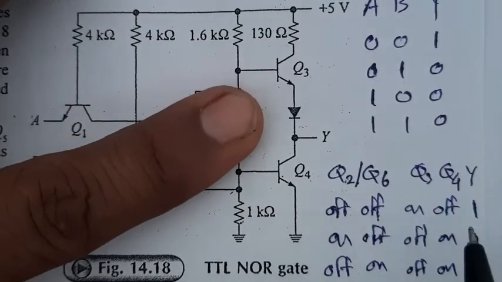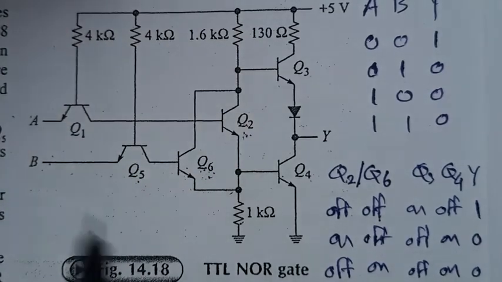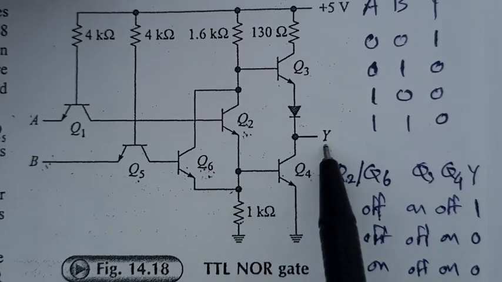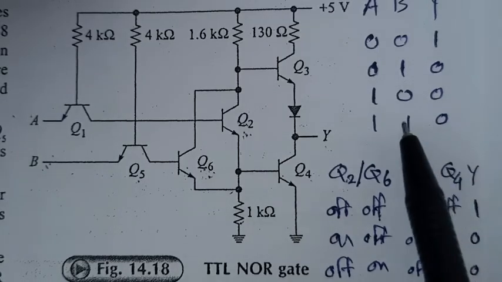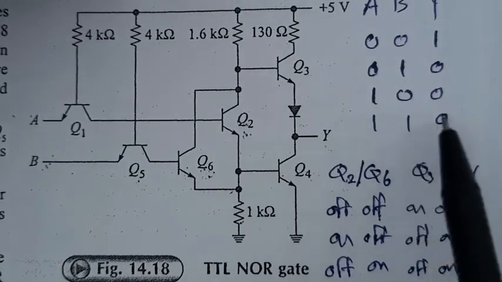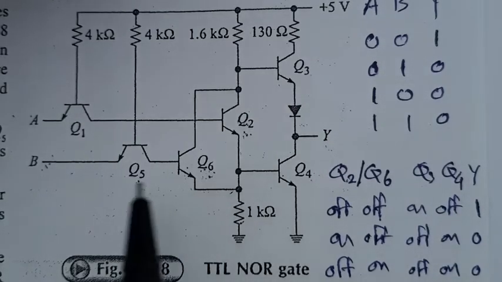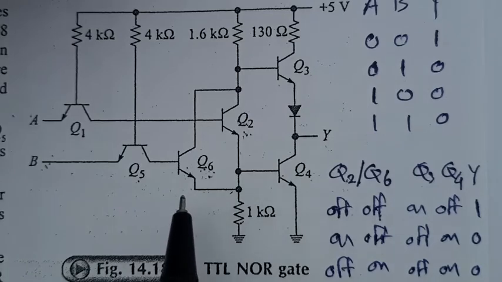And at that time the output will be high. This indicates that only when both the inputs A and B are low, the output will be high. Otherwise the output will be low, and this is nothing but the expected output for a NOR gate. Therefore this circuit, which is a TTL circuit, will work as a NOR gate.